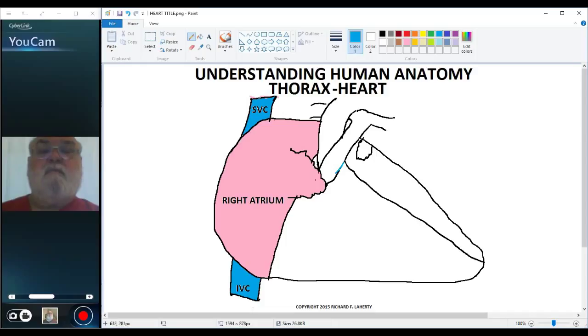Touch up the line here. Let me also do a little cleaning up on the pulmonary arteries here. So we'll clean up here.